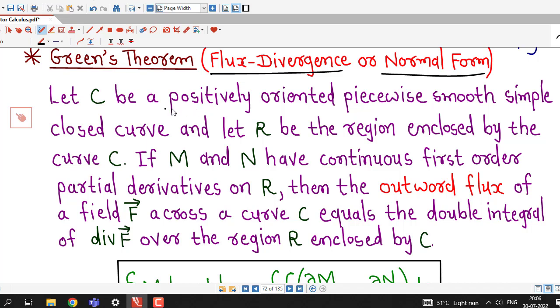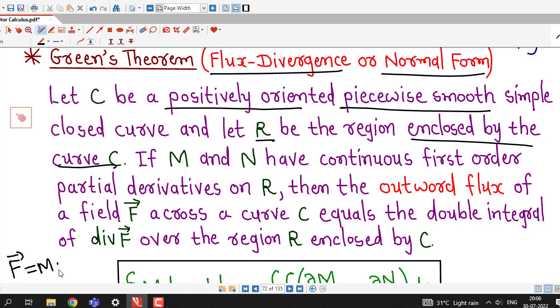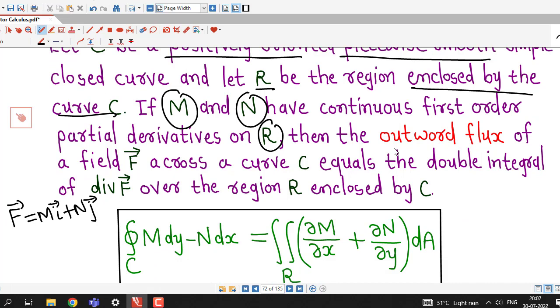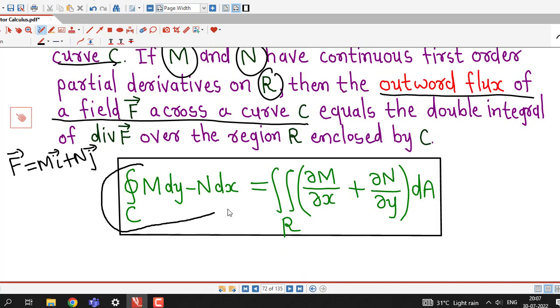Let C be a positively oriented, piecewise smooth, simple closed curve, and let R be the region enclosed by the curve C. And suppose our vector field f bar has two components, M and N, that is our vector field f bar is Mi plus Nj, and if these two components have continuous partial derivatives of first order on region R, then the outward flux of a field f bar across a curve C, that is this quantity on the left hand side.